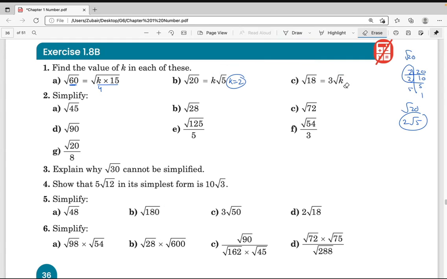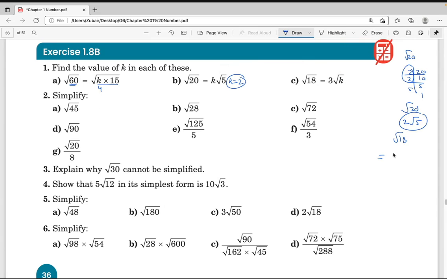Now try C part. Simplify square root 18.